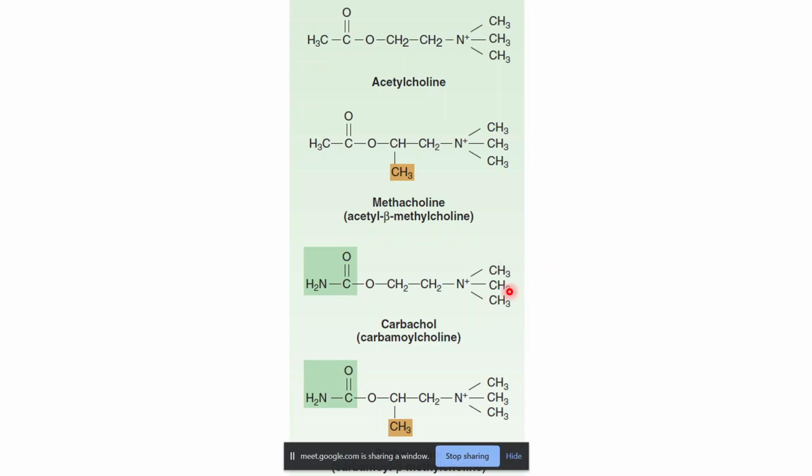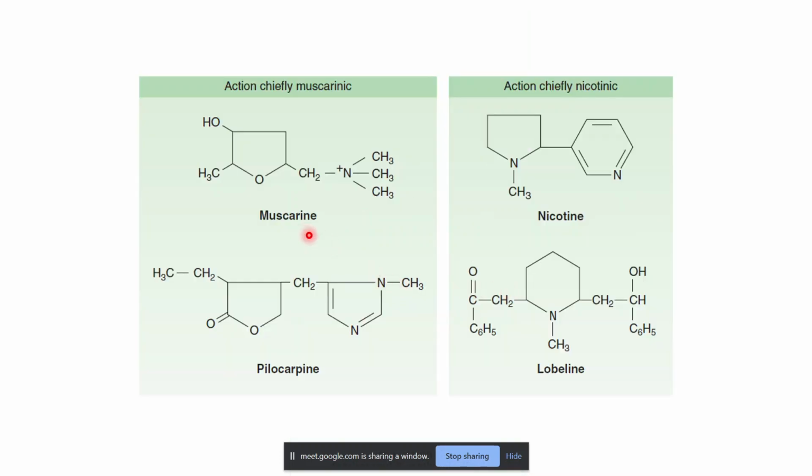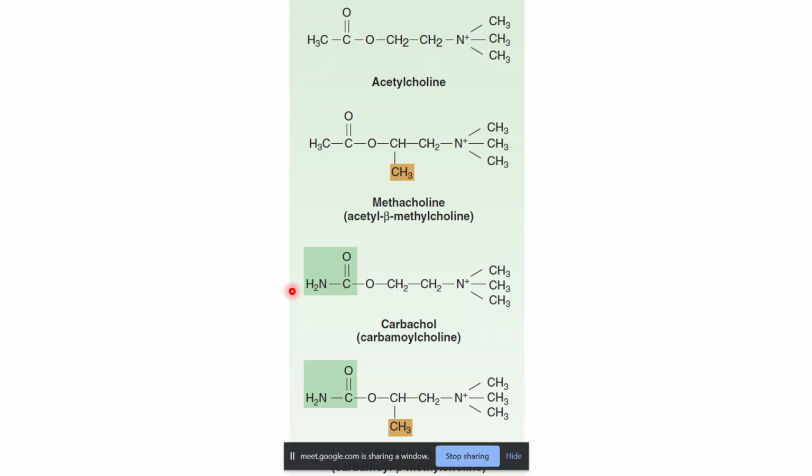So alkaloids actually are muscarine and nicotine, and esters are acetylcholine, methacholine, carbachol, and bethanechol.